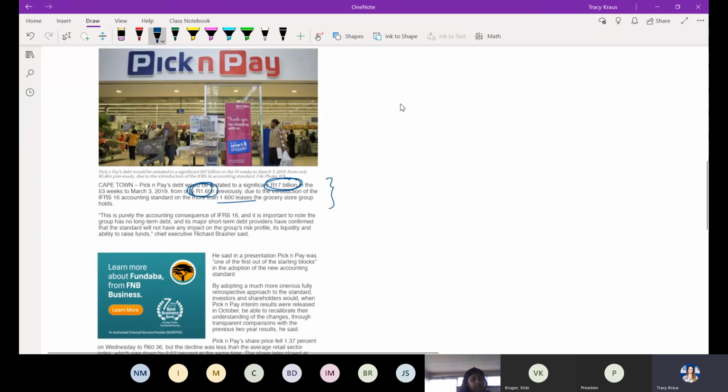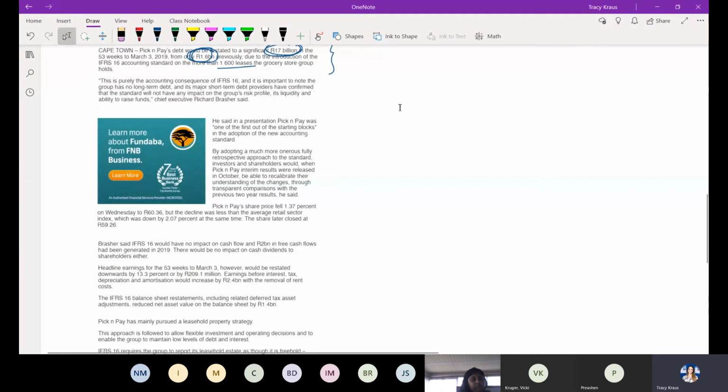And you can see if you have a read through the rest of the article, a lot of it is the analysts and the chief executive trying to explain that nothing has changed in terms of their business model. Nothing is different. They're just being forced to recognize on their statement of financial position things that weren't there before.